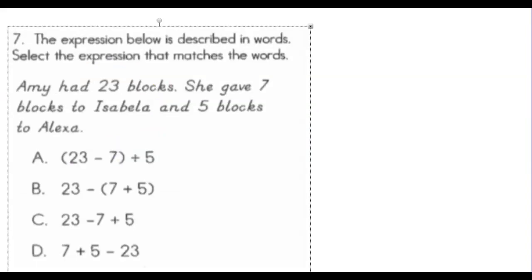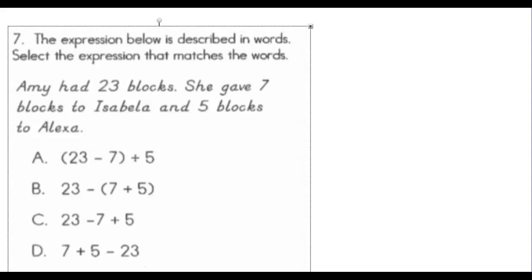On number 7, the expression below is described in words. Select the expression that matches the words. Amy had 23 blocks. She gave 7 blocks to Isabella and 5 blocks to Alexa. So if you give something away, what operation matches that?